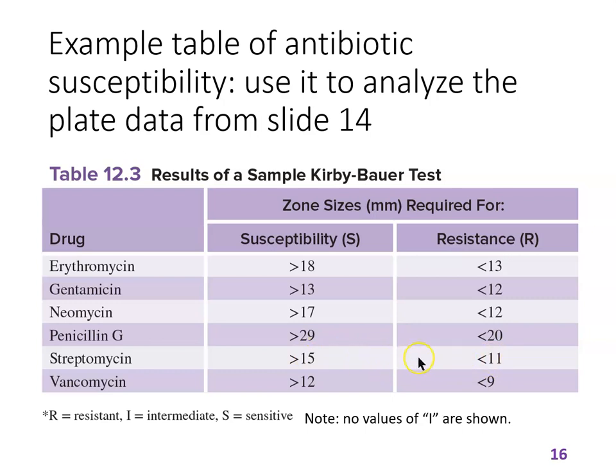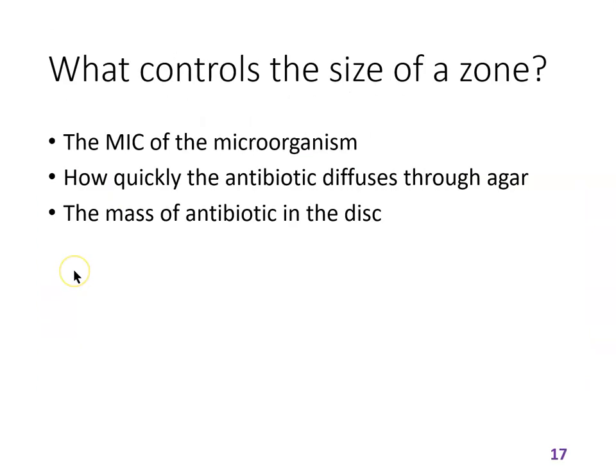That's an interesting case because that means it's intermediate. That means we might be able to use that antibiotic in an emergency, but we would have to use a really high dose of it, a higher dose than we typically want to use. So that would be intermediate.